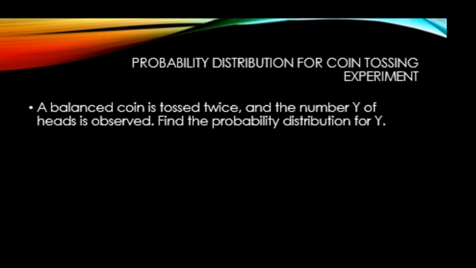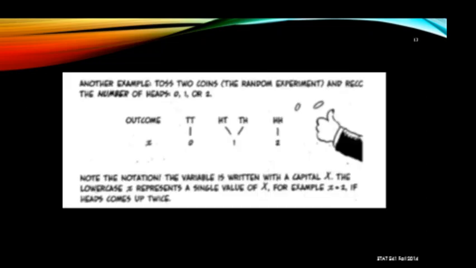What we want is we want this variable y to take only discrete values. We want numerical values for this variable y. So in this experiment, what we will do is we are counting the number of heads. Okay. And then we can also describe the probability distribution of this variable y. So let's see how this will work.